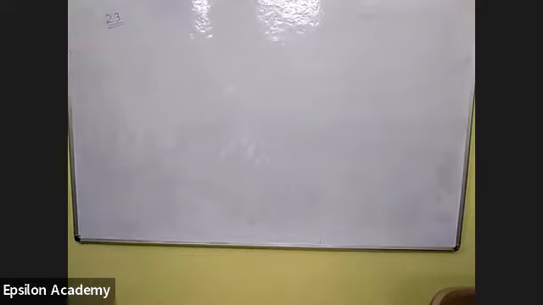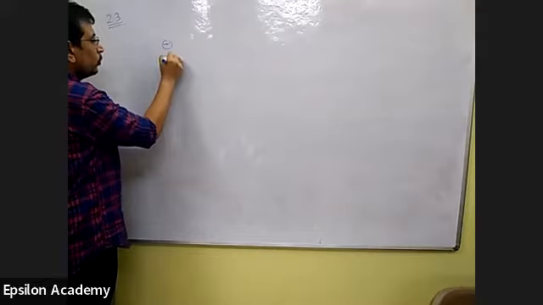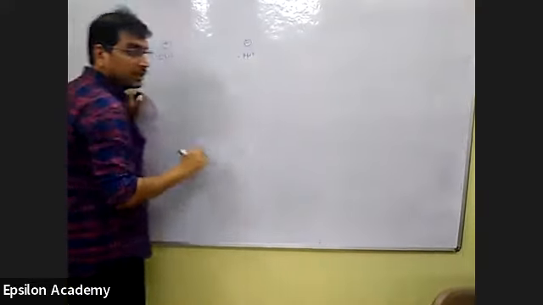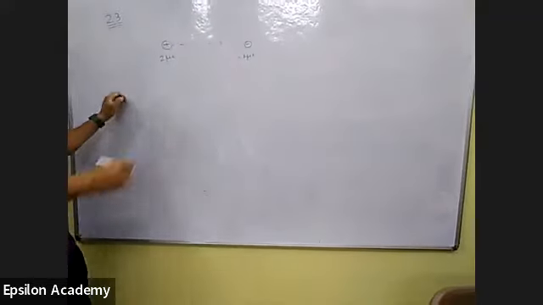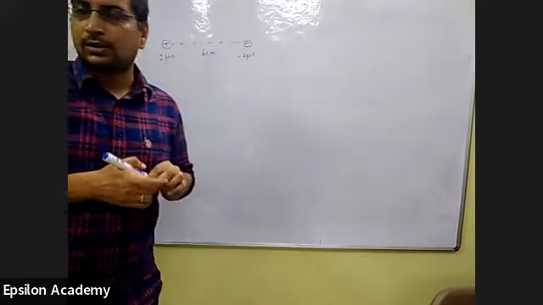Identify the equipotential surface of the system. So what did they say? There is 2 microcoulomb charge and minus 2 microcoulomb charge, which are placed at a distance of 6 centimeter, right? Okay. Now your job is to find the equipotential surface for it.